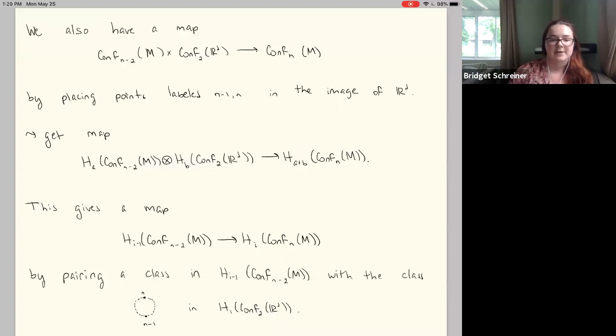So here we're going to pair a class in H_{i-1} of configurations of n-2 points in M with the class of just 2 points orbiting each other in H_1 of configurations in R^d. This map is only interesting if d equals 2, because we have this circle, and it would be null homologous if d were greater than 2, but we're only interested in manifolds of dimension 2 here, so that's okay.